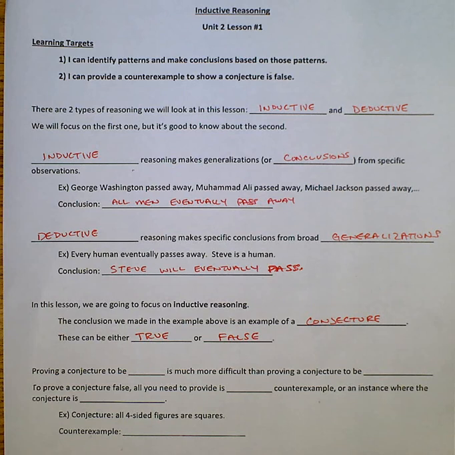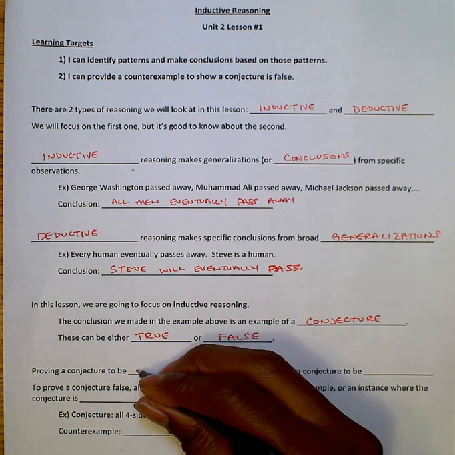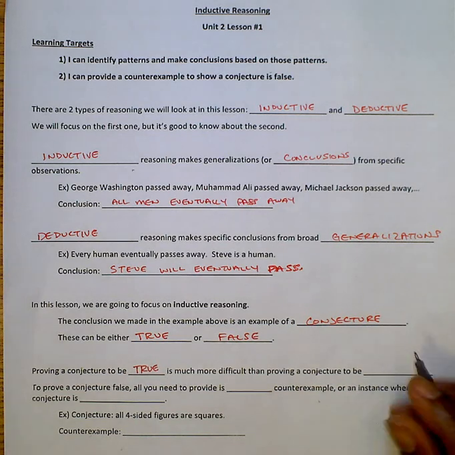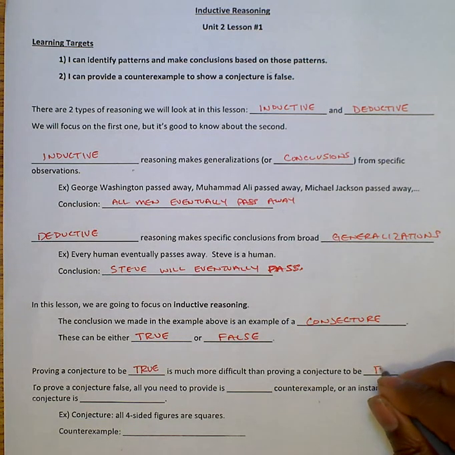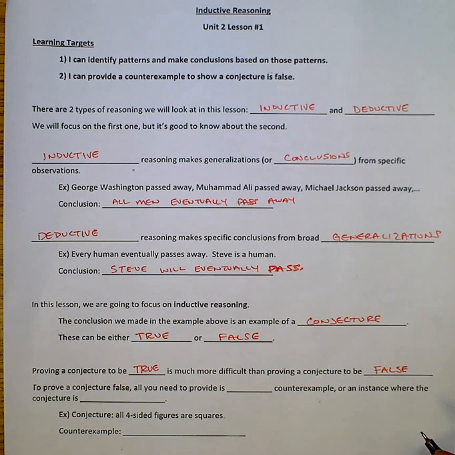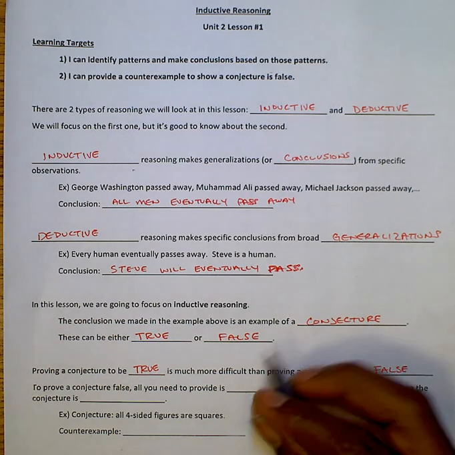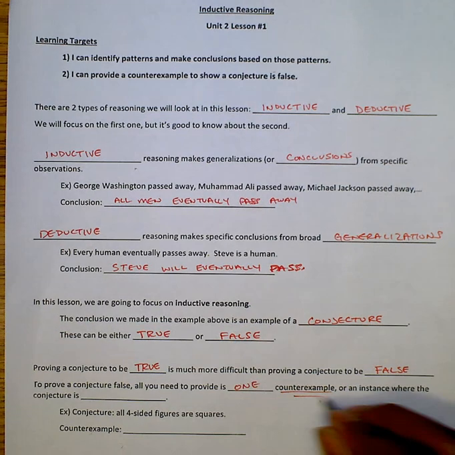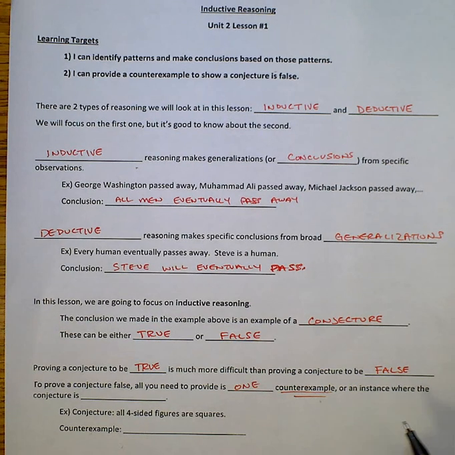Proving a conjecture to be true is much more difficult than proving a conjecture to be false. To prove a conjecture to be false, all you need to provide is one counterexample, an instance where the conjecture is false.